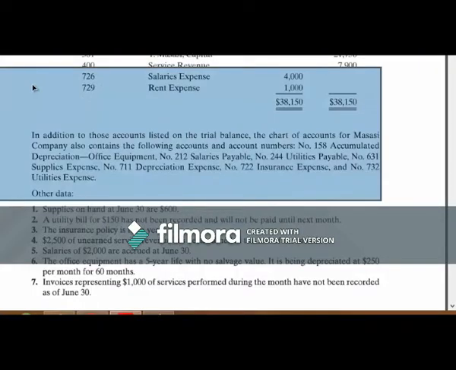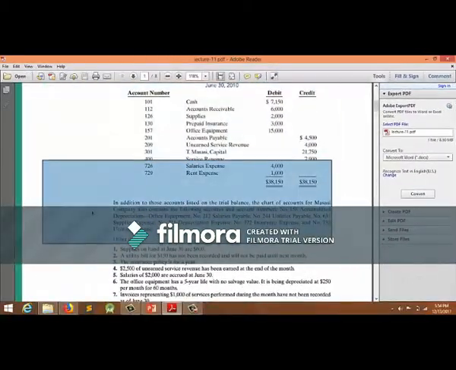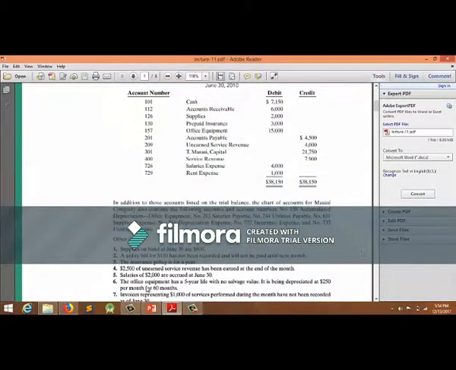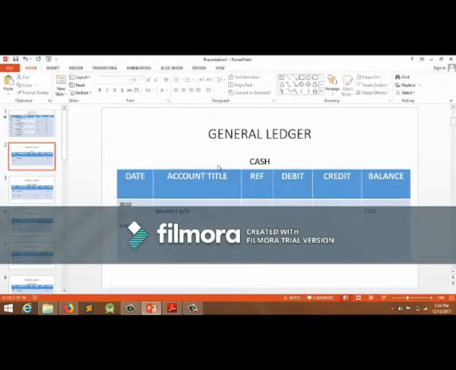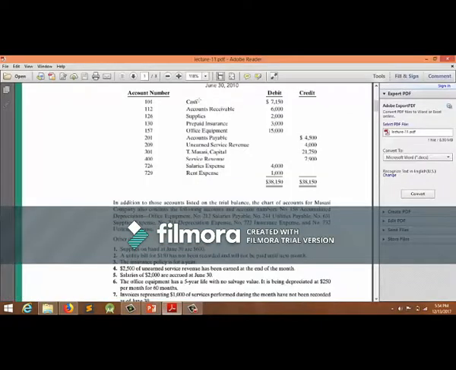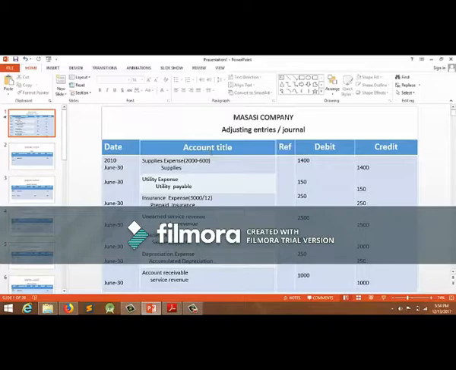To do the ledger, first we have to start from the unadjusted part. First account is cash, so we will do the ledger for cash first. We see in the unadjusted part there is cash of 7,150, but in the adjusted part there is no account named cash.